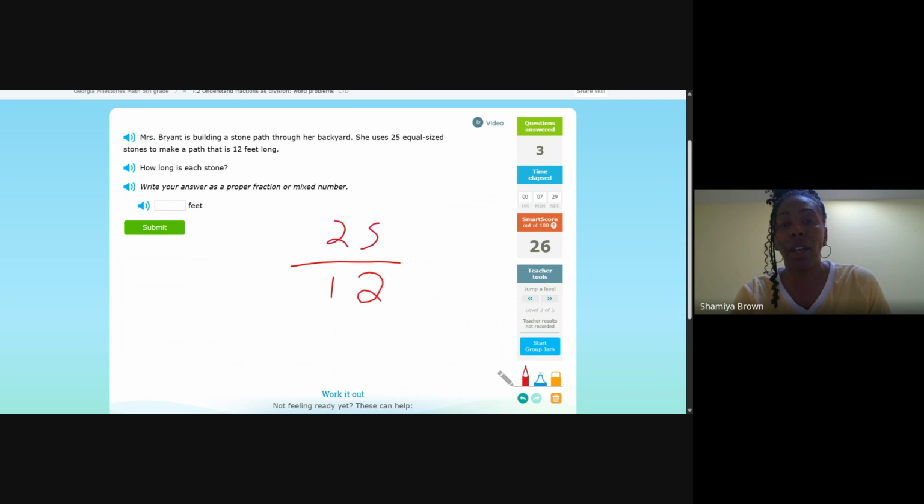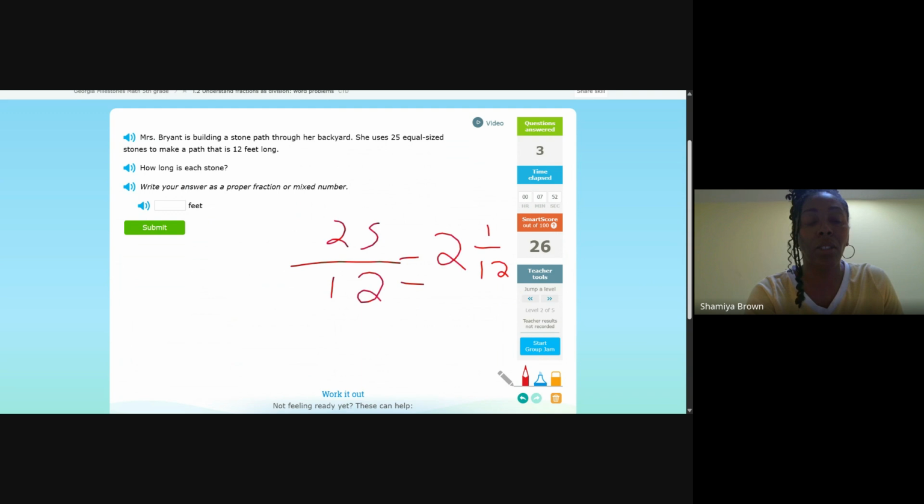So this is an improper fraction, so I need to turn it into a proper fraction. So I can divide 25 by 12. So I already know I could get 2 groups of 12 out of 25. And then I'll have 1 left over because 12 times 2 is 24. So it should be 2 and 1/12.